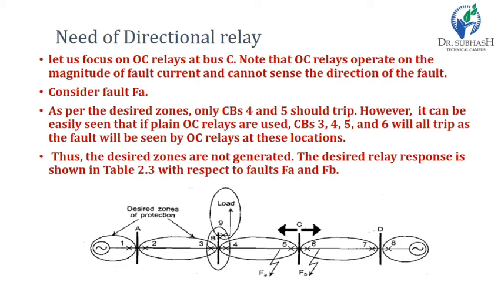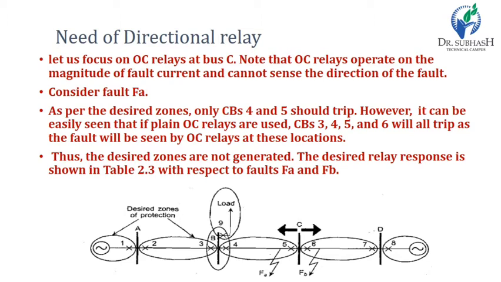Need of directional relay. For better understanding, we have taken this case study where two generators are connected in line. It is called a double source line, where A, B, C and D are the four bus bars.